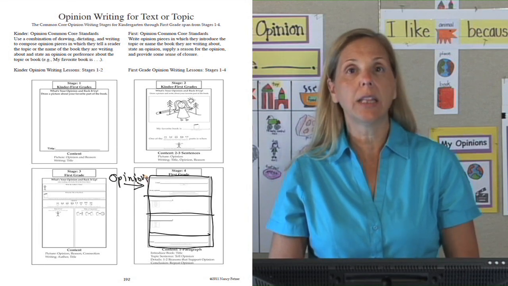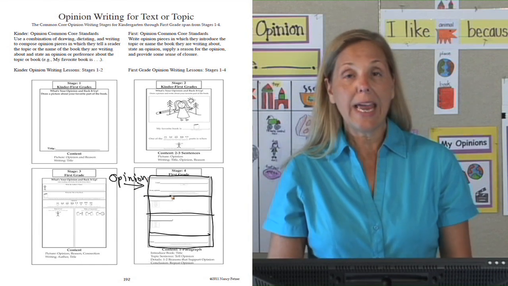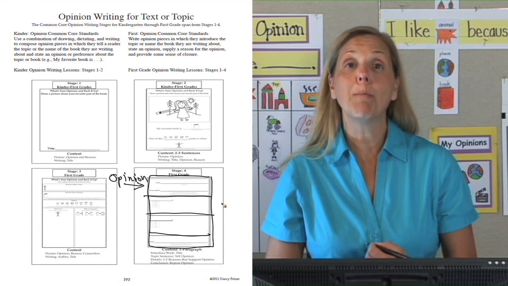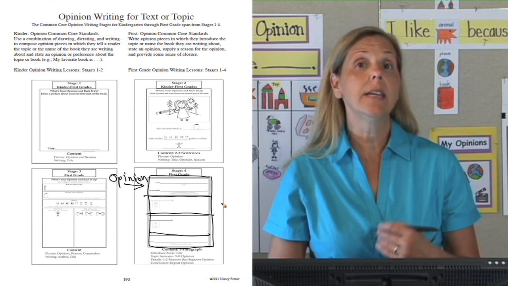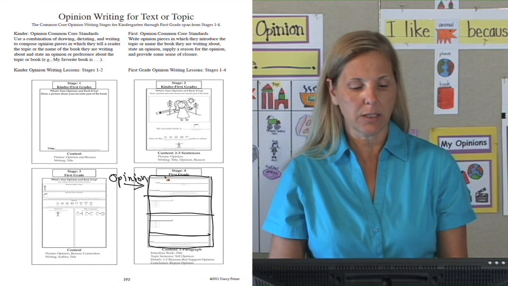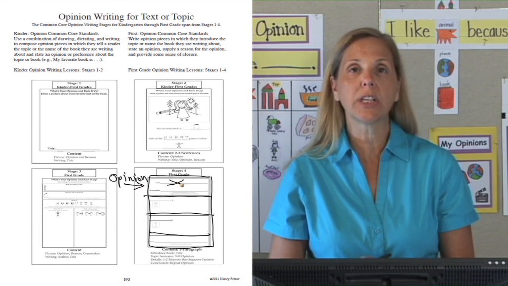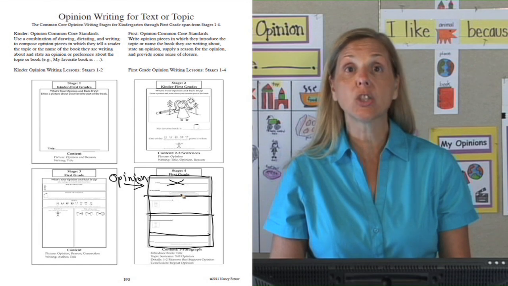So let's say I like, and we'll come up with our opinion. So we could say I like, or we could start with in my opinion. So I could say something like, in my opinion, cats are great pets. So there's our opinion box. We're crossing out the book title because there is no book. So we have, in my opinion, cats are great pets.